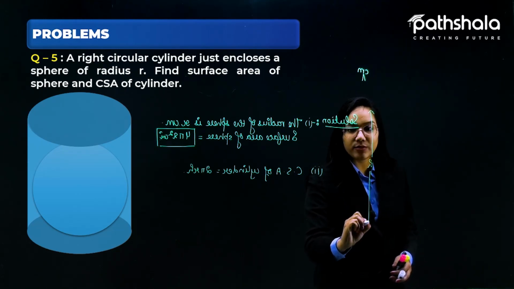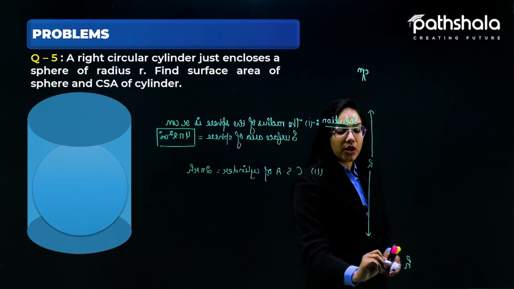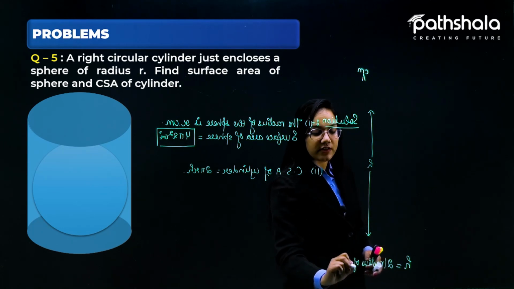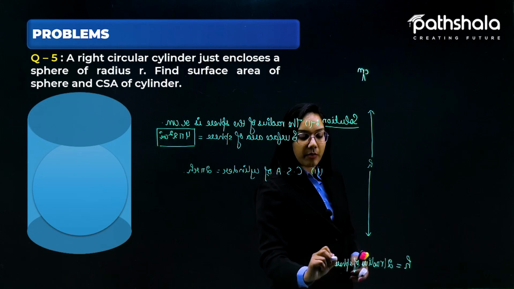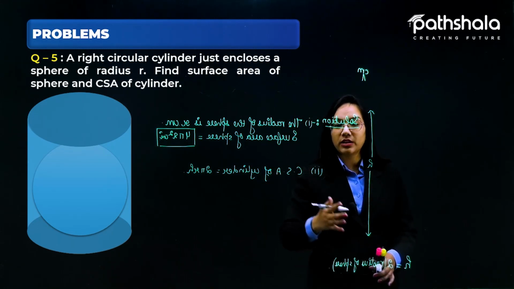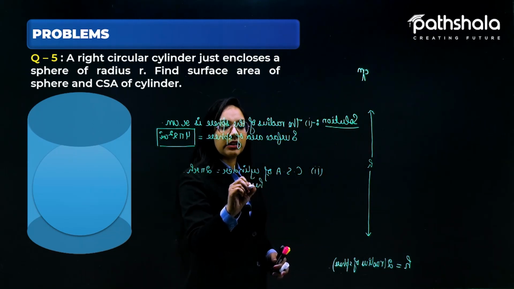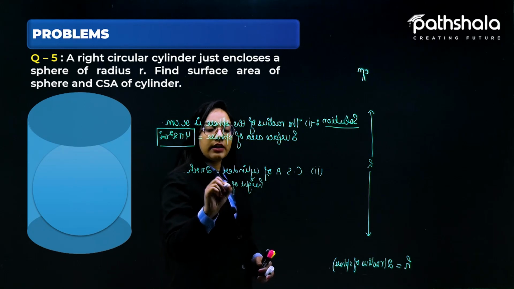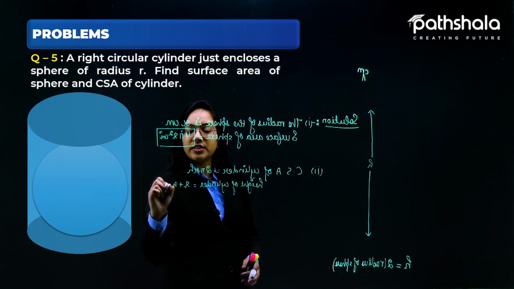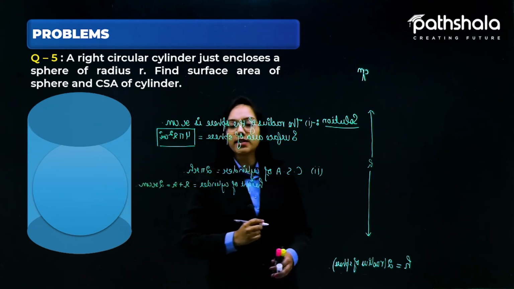If I talk about its height, it would be 2 times the radius of the sphere, because the height of the cylinder is the diameter of the sphere, which implies that the height of the cylinder is r plus r, which is equal to 2r centimeter.